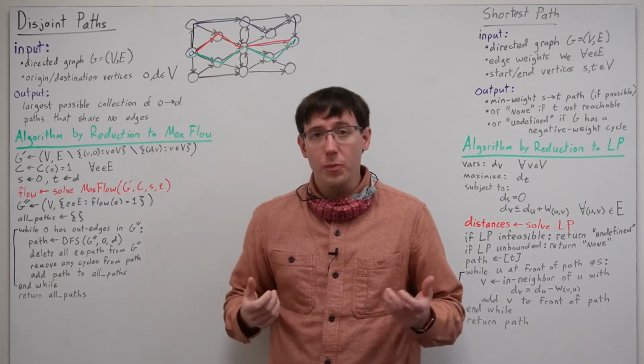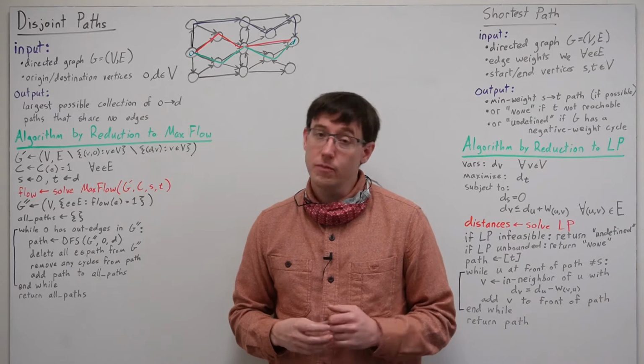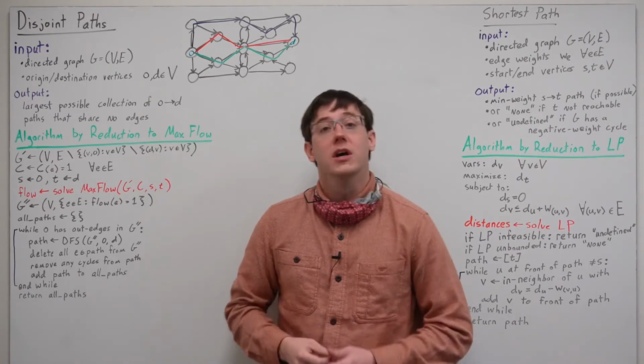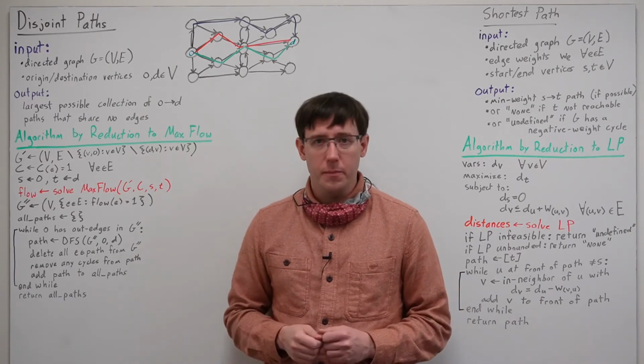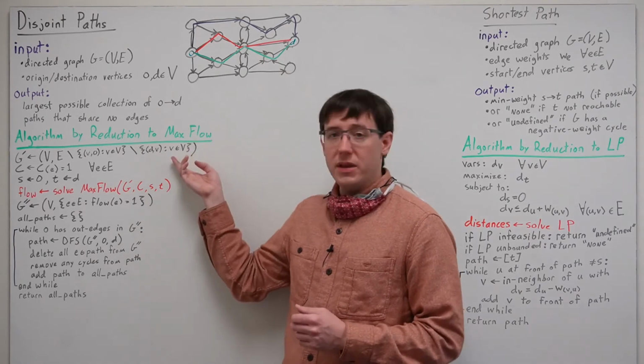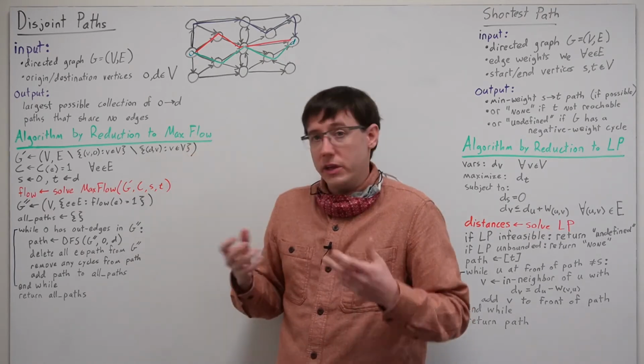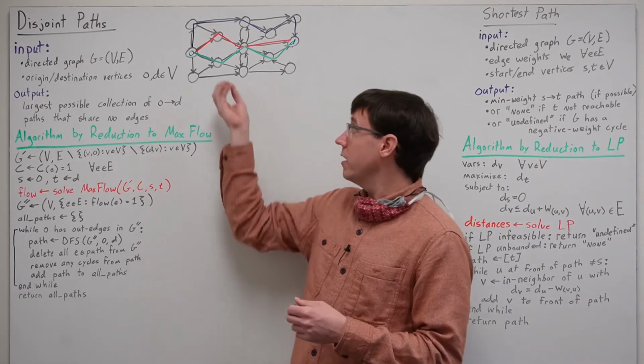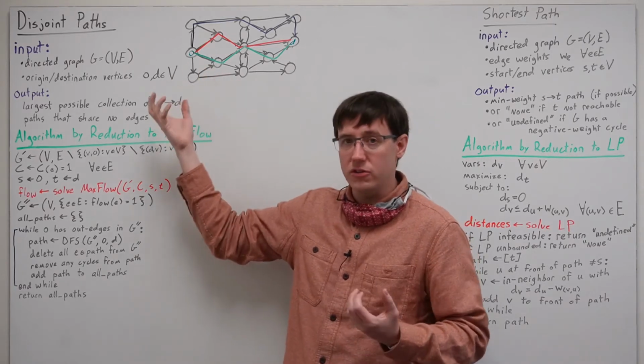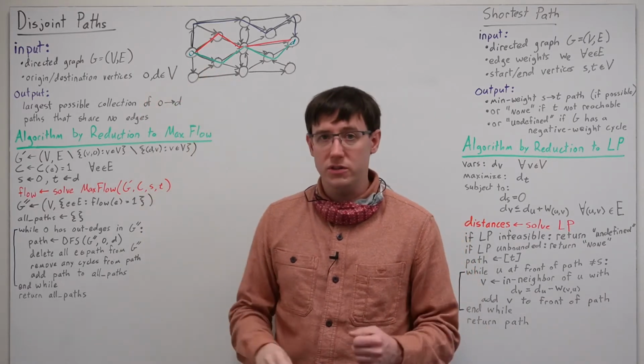Those edges don't help us in finding disjoint paths, or for that matter finding flows, so it's fine to get rid of them. But in some sense, this step is superfluous. We totally could run max flow on the graph that contains those edges, and our algorithm would still work.